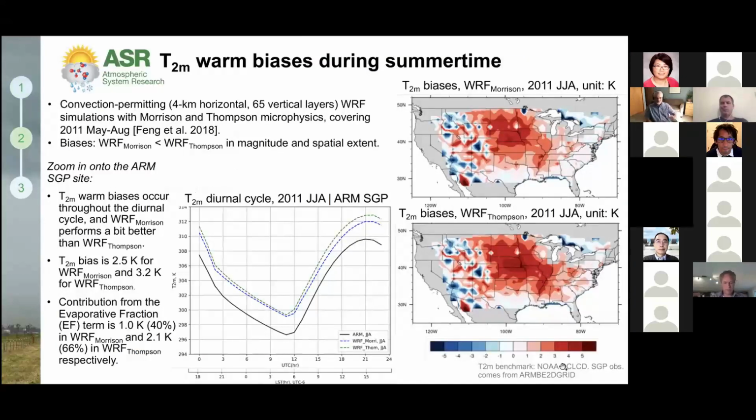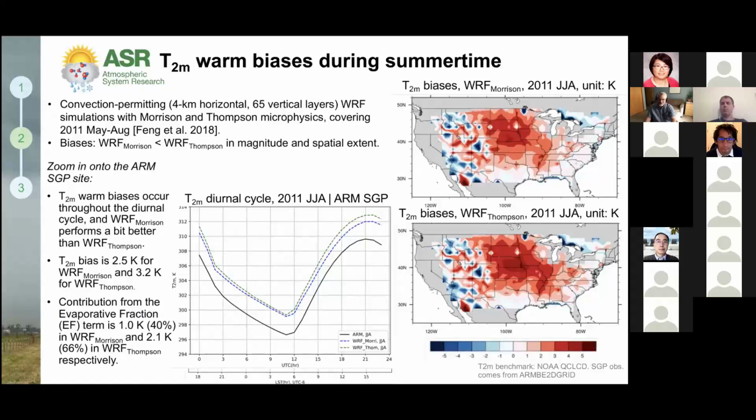The simulation uses Morrison and Thompson microphysics, covering May to August of 2011. So those two WRF simulations do suffer from the warm biases over central US during summertime. The WRF-Morrison simulation performs a bit better than the WRF-Thompson simulation in terms of T2M magnitude and spatial extent.